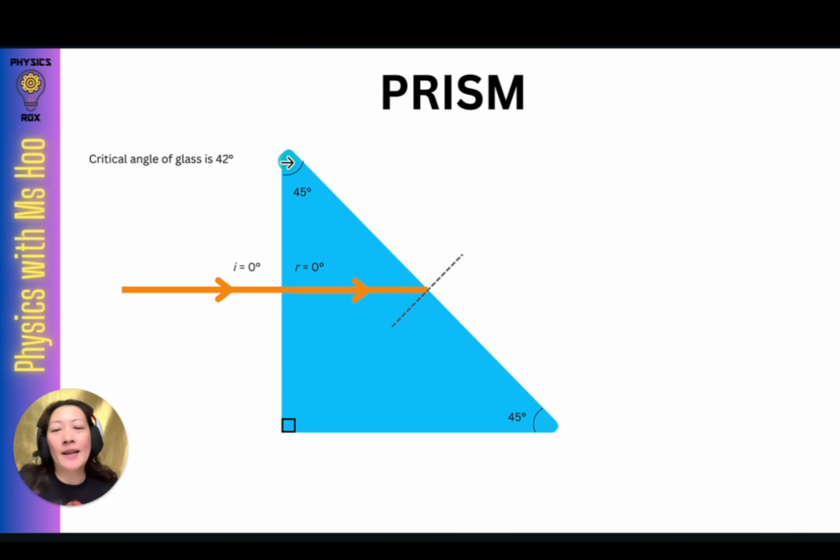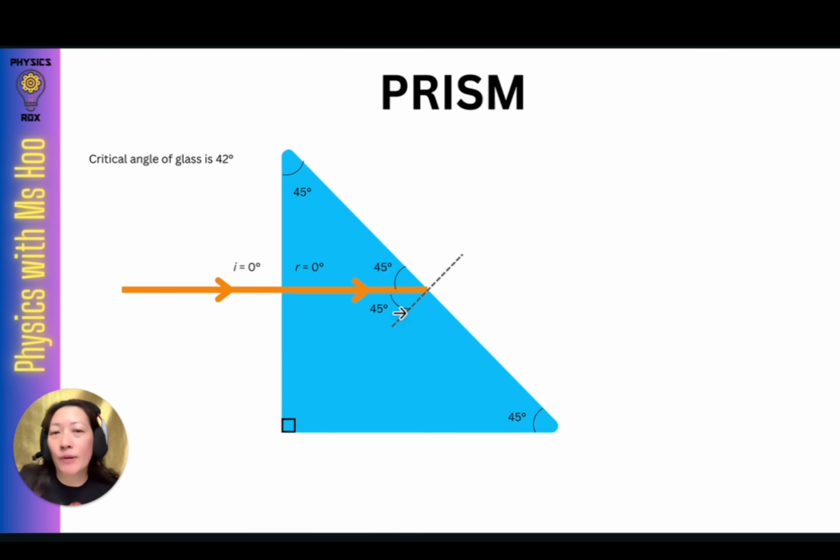So we can see that this prism is a right angle prism, which means that this little triangle here, at this point, because the refracted angle is 0, that means this angle here is 90 degrees. If this is 45, that means that this angle is also 45. Because the normal line is 90 degrees to the surface, when you do your calculations, you'll find that the angle between the normal and this light ray is also 45.